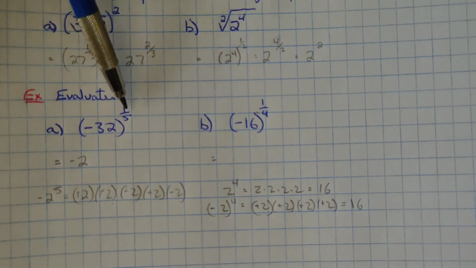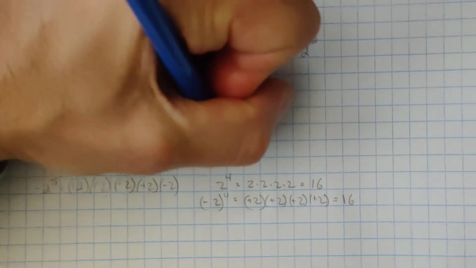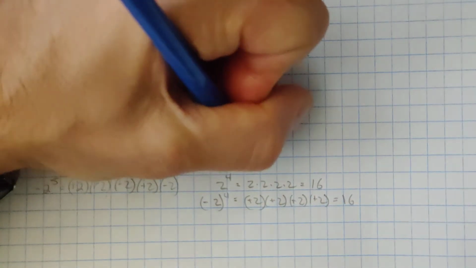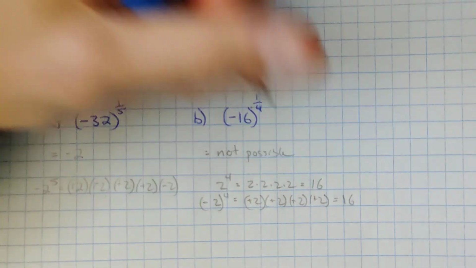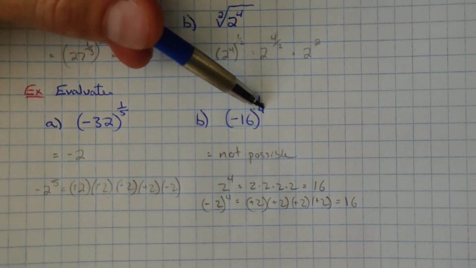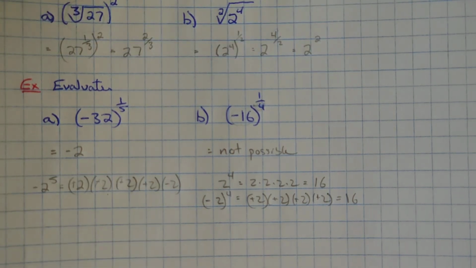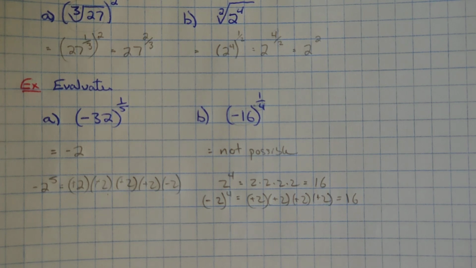So just something to note, you will get cases where you can't get an answer. This is not possible. That only happens if you have a negative base and the denominator of the fraction in the exponent is even. And so now you got some practice you can try out with these questions.